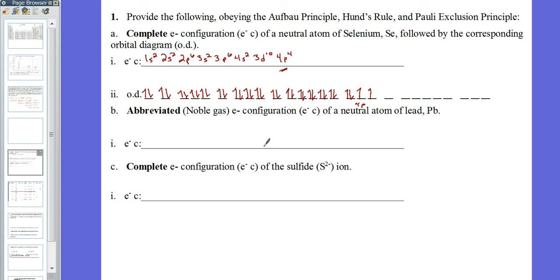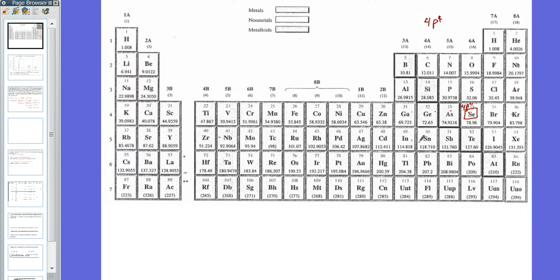And the next part says the noble gas electron configuration for lead. So plumbum, right? When you look at your periodic table, you'll see that lead is also in the P block, but now here is your last noble gas that was completely filled, xenon, right?